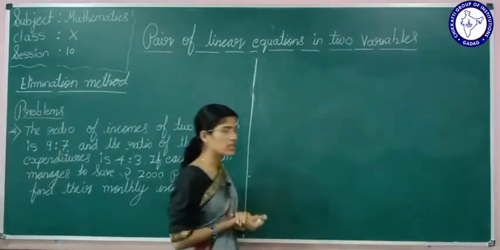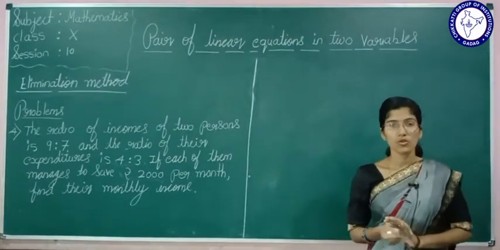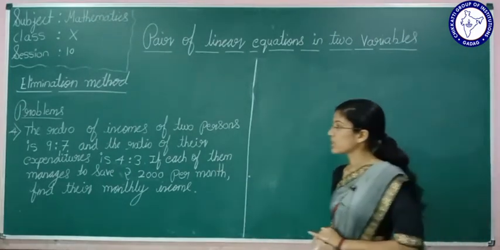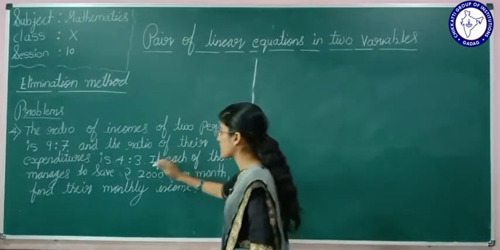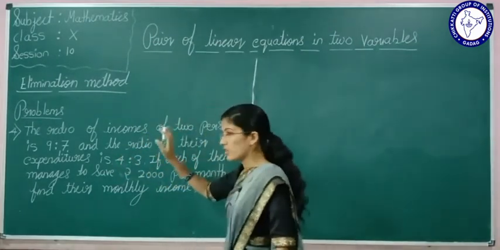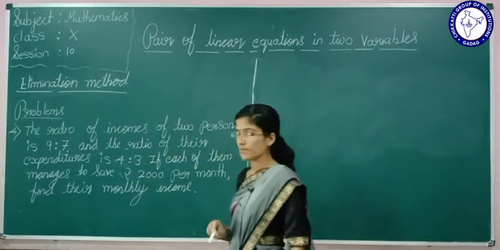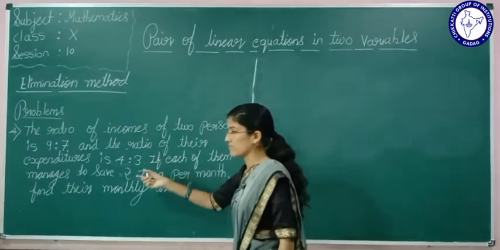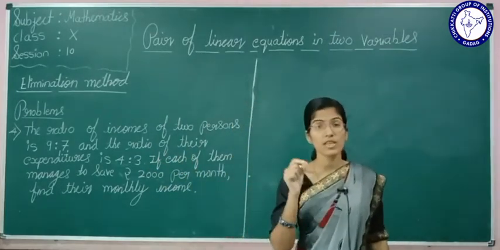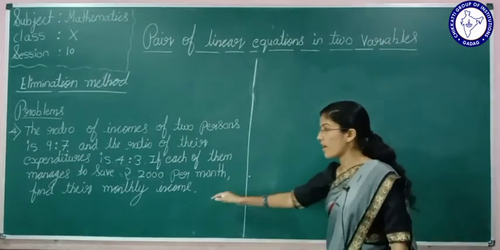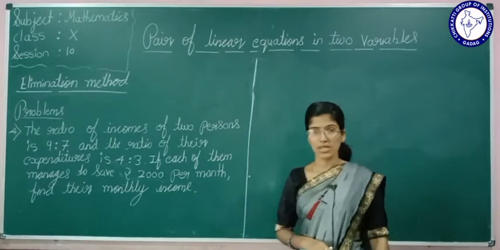What they have given in this question is the monthly incomes of two persons in the ratio 9:7, and the expenditure of the two persons in the ratio 4:3. And each of the persons saves 2000 from their salary. We have to find out their monthly salary by using the elimination method.